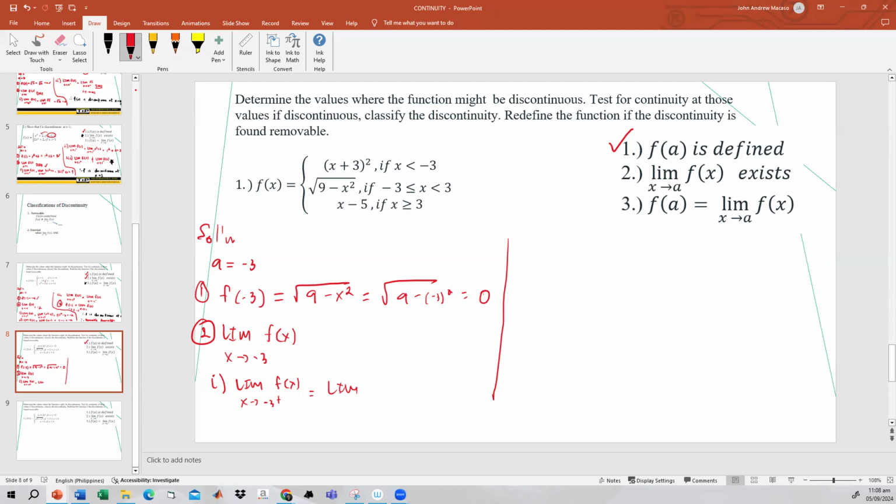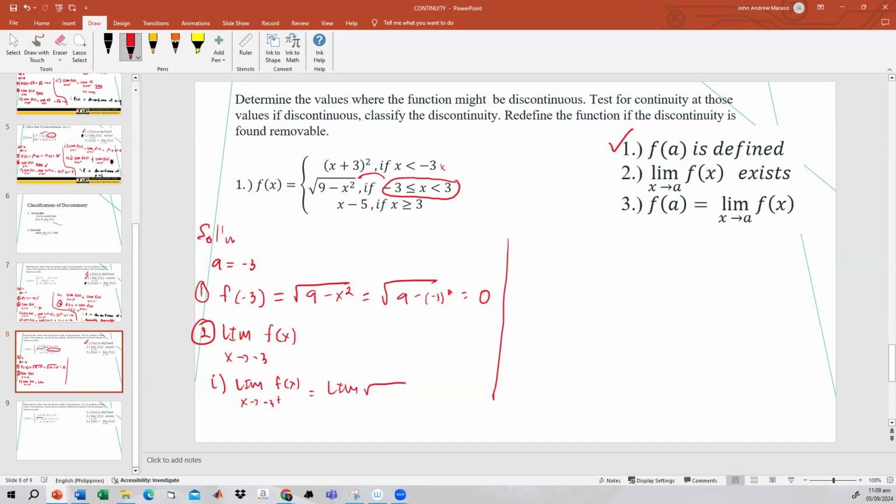In this case, the first will not satisfy because this is x is less than -3. However, the second one will satisfy the right side limit because this is defined as x is greater than or equal to -3. So we'll use the second function.